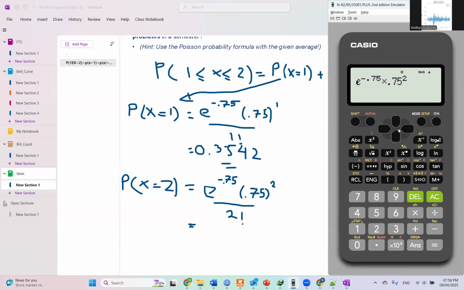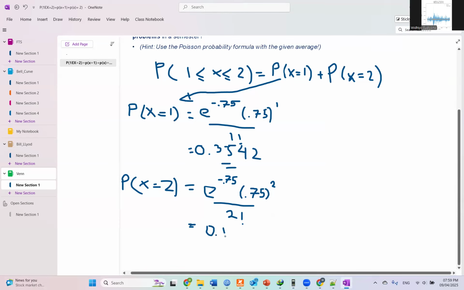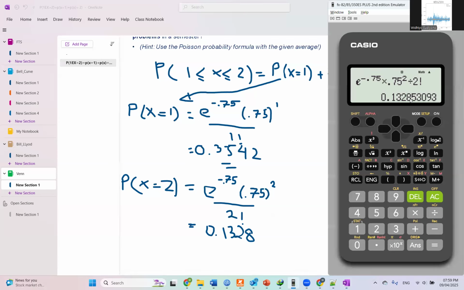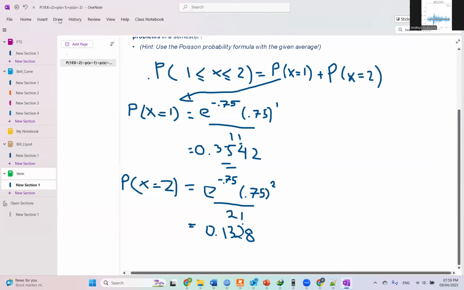Press the right button again, and then you divide it by 2 factorial. Okay, I think all good. Now we calculate the result. We will use up to 4 decimals. So 0.1329. Is it 28 or 29? Let's see. It should be 29, we round it up.